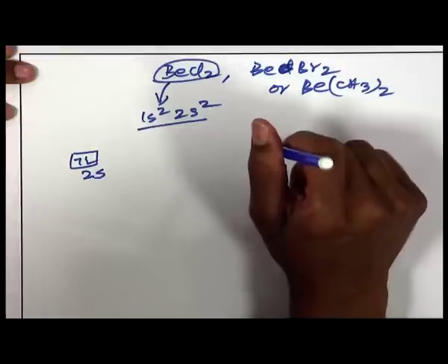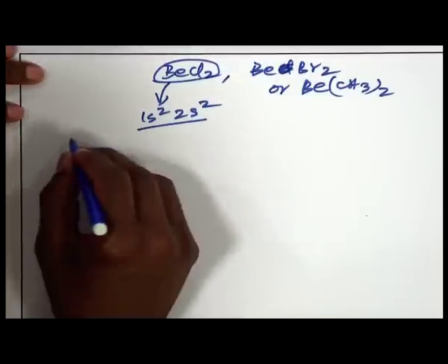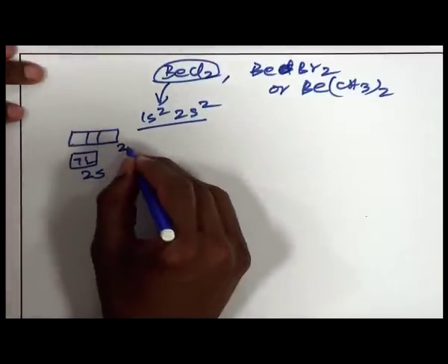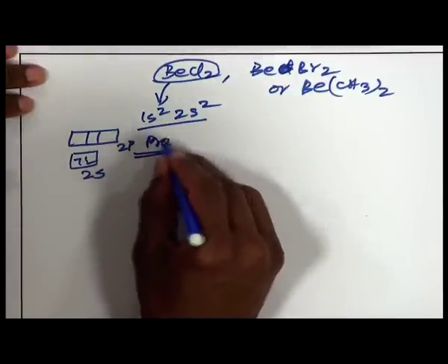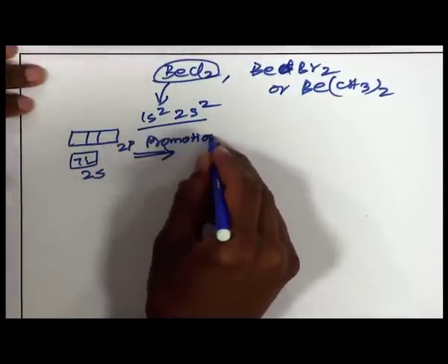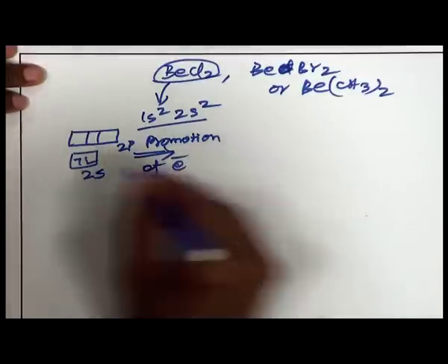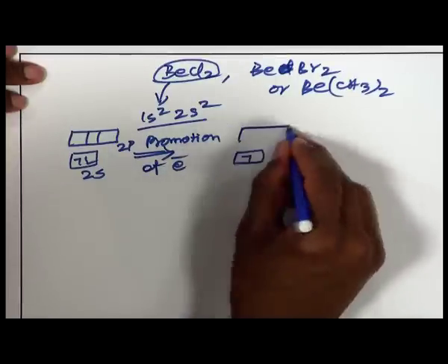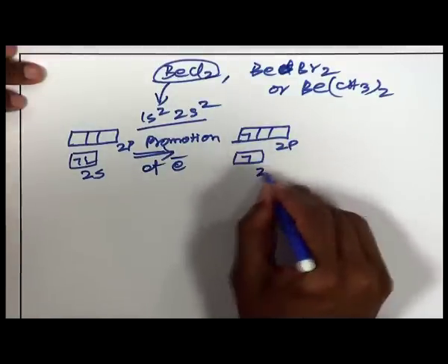We can explain this in this way. You have an empty 2p orbital lying higher in energy. So, the first step is promotion of an electron. That leads to a situation like this. This is the 2p orbital, this is the 2s orbital.